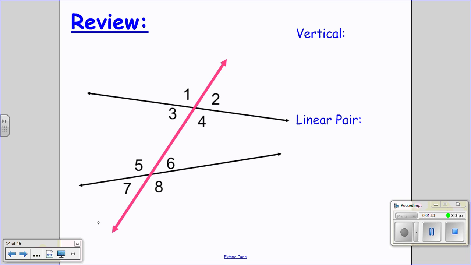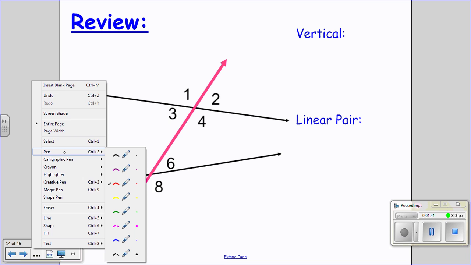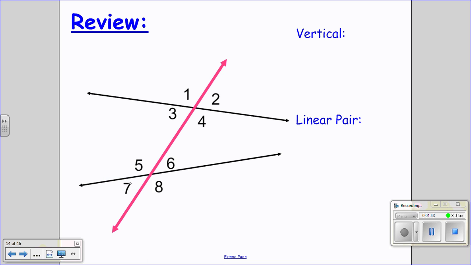So let's review vertical and linear angle pair relationships. If you don't remember, let's first talk about the definition of vertical. Vertical were those bow tie or kissing angles, only sharing a vertex, and form an X when they're together.